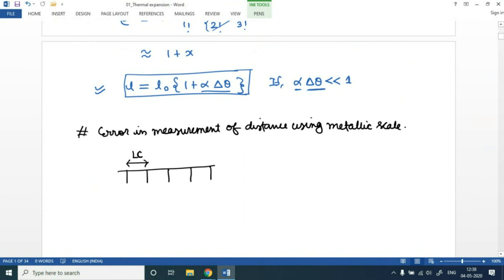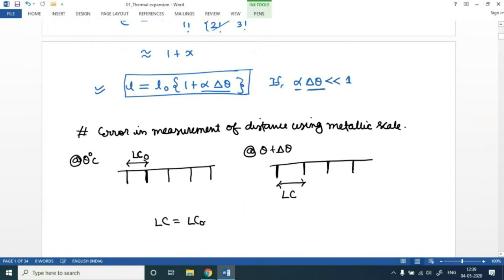So let's say this is the situation at theta degrees Celsius. If the temperature is increased by delta theta, so that it is theta plus delta theta degrees Celsius, what will happen? All these markings will be a little bit expanded. If this is LC naught and this is LC, then LC will be equal to LC naught into 1 plus alpha delta theta.